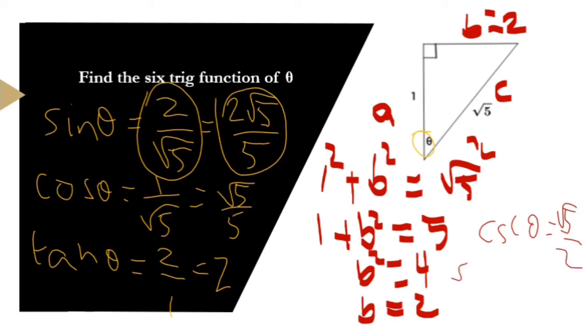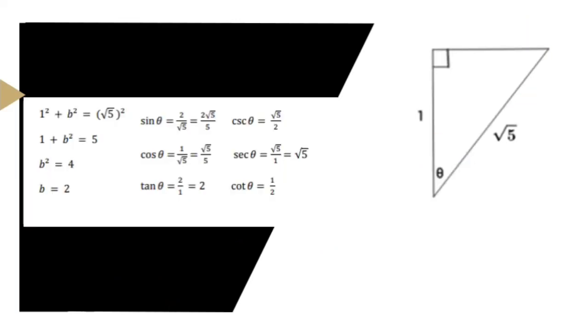We're going to have secant equal root 5 over 1, which is just root 5. And we're going to have cotangent equals 2 over 1, which is 2. And that's it. Here's the result typed out a little bit easier, but that is the result.